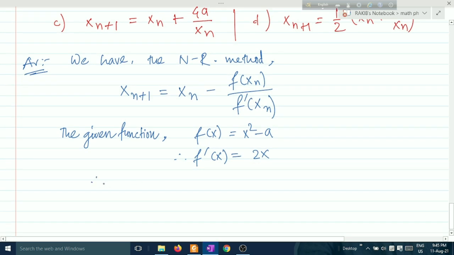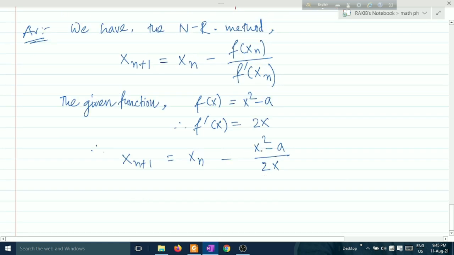Put this into the formula: xn plus 1 equals xn minus (xn squared minus a) by 2xn. It is in terms of xn because the function depends on xn. Therefore, what you have to do here?